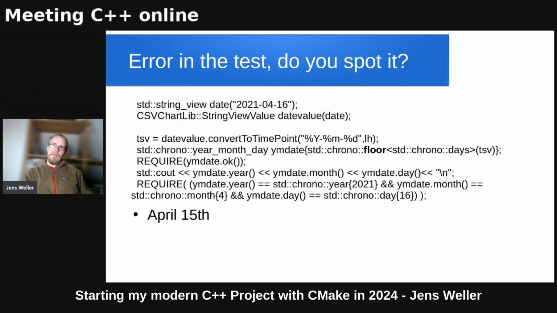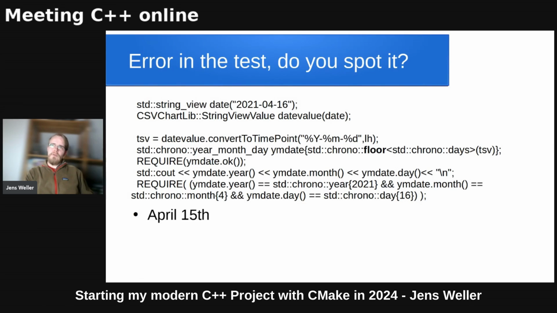Then you get the year, month, date to be April 15th. And I assume that has something to do with the fact that we do not generate a time here, and then it's using the system clock or something.